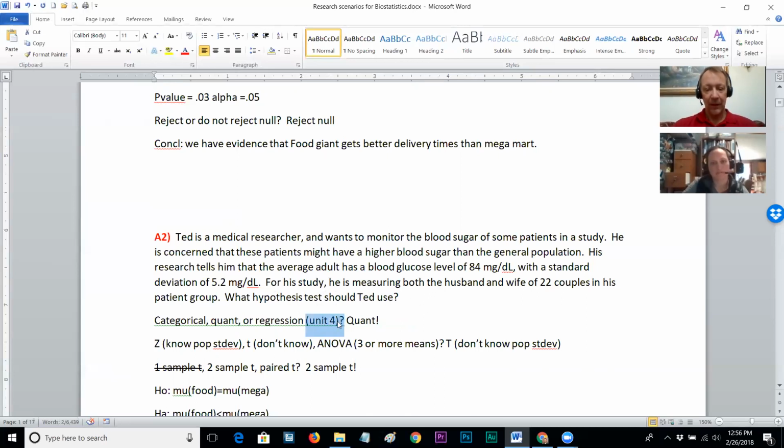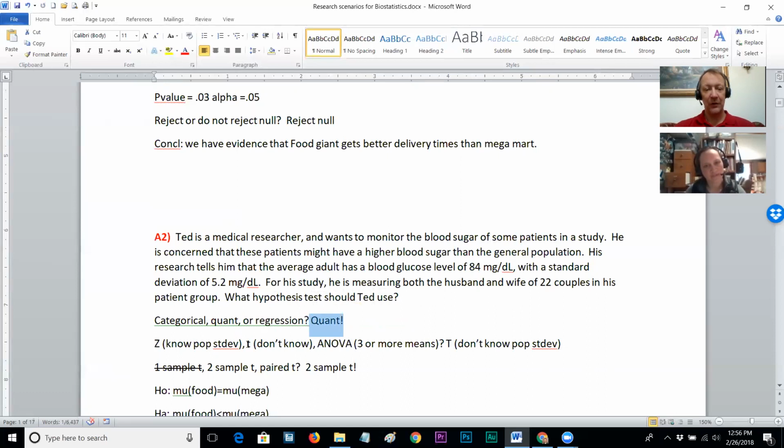Quantitative. And you say it's quantitative because there's numbers I could work with. Yeah, 84, that would be a regular number. So quantitative is correct.